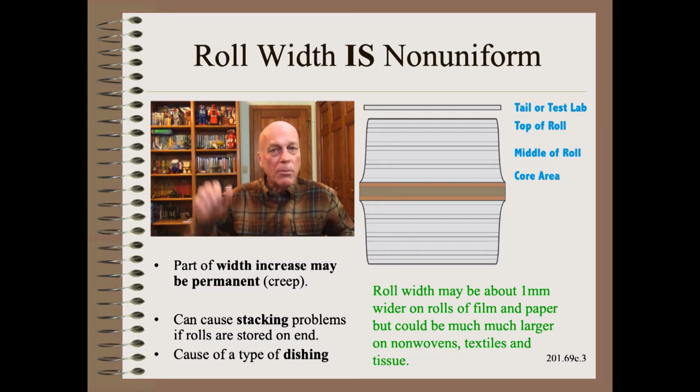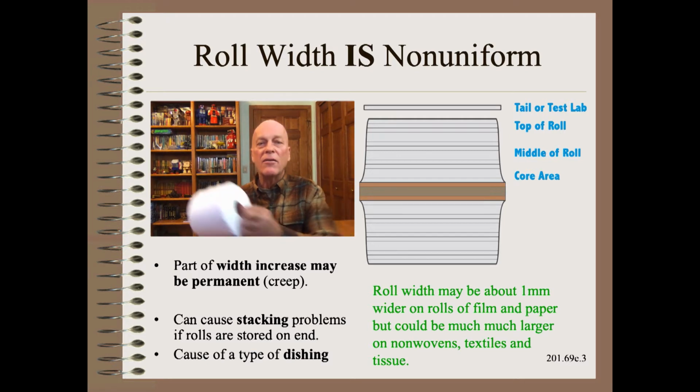Very, very approximately, it would not be unusual for paper and film to widen permanently during storage about half of what the roll width was, or very, very roughly on the order of 1 millimeter for many typical daughter shipping rolls cut from a larger master.